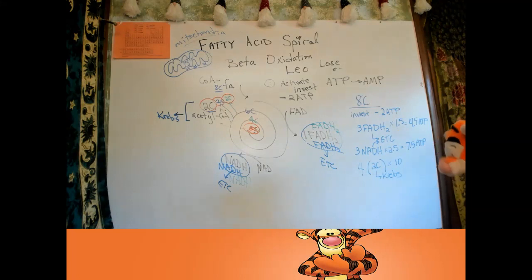So these numbers are ATPs. So 4 times 10 is 40. And we add this up and we get 50 ATPs.